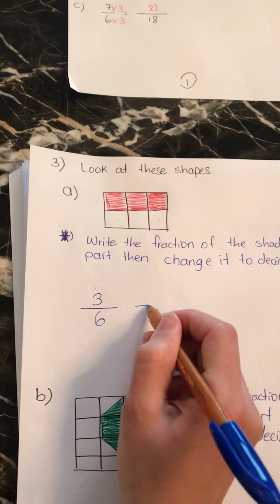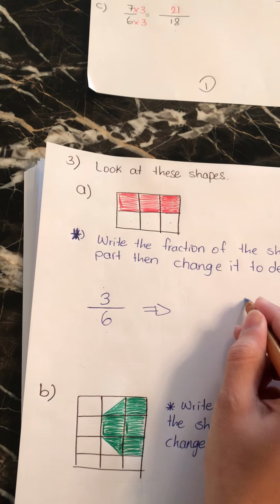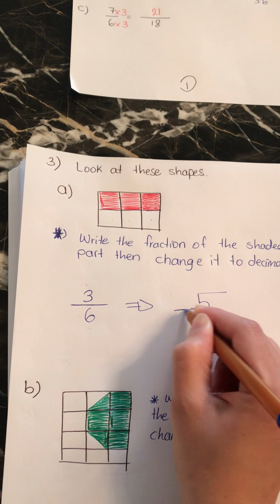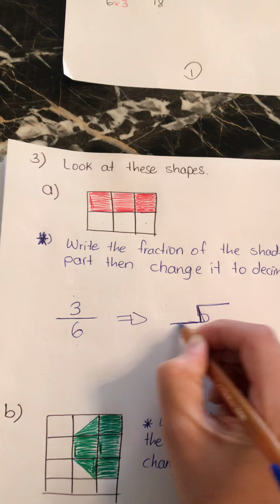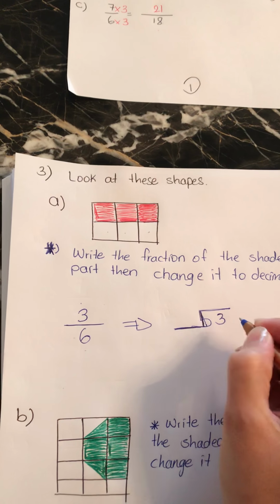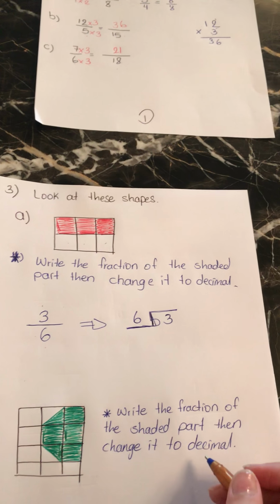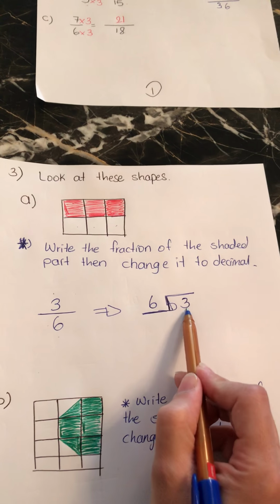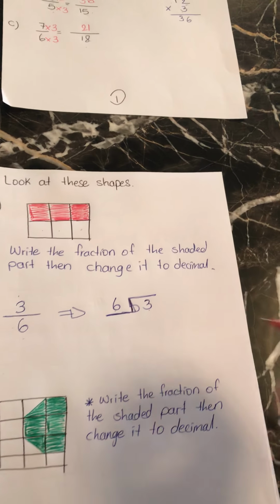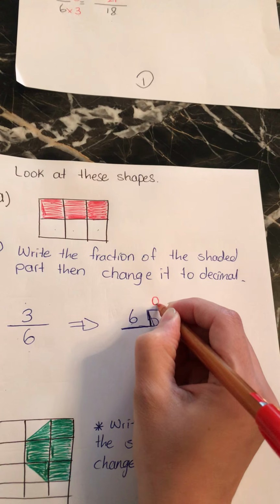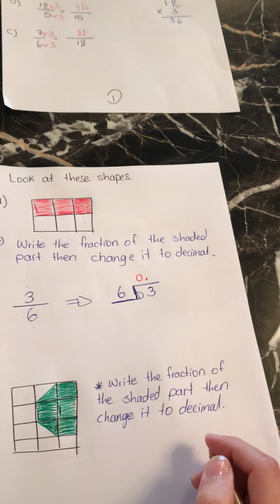Now I will change this fraction to decimal. 3 and 6. In 3, do I have 6? No. I will put a 0 and a decimal point here.